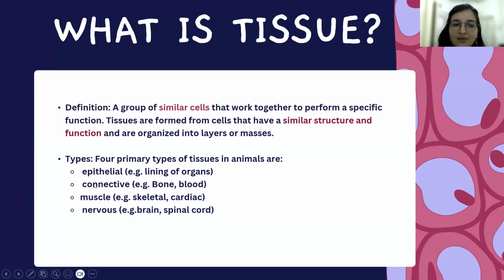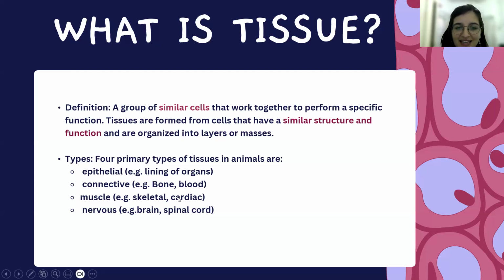These are the 4 primary types. There are a lot more. An example of epithelial would be the lining of organs, like the lining of the stomach, or the inside of your mouth, the inside of your cheeks, those are made of epithelial tissues. Connective tissue would be blood or bone.